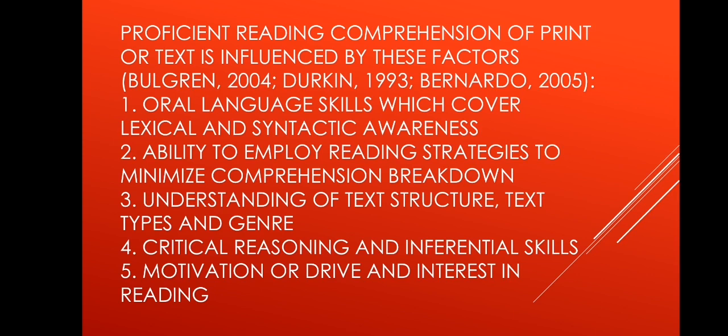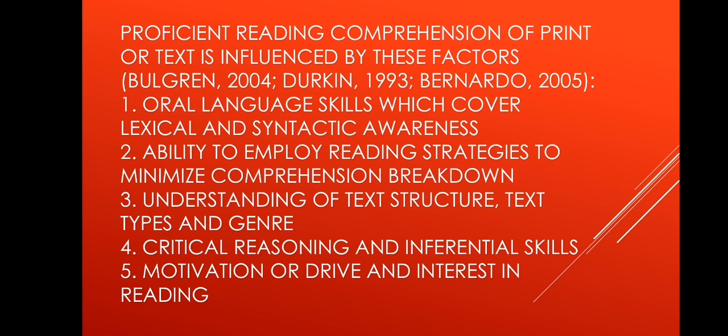Okay, so let's proceed. Proficient reading comprehension of print or texts is influenced by these factors, according to Bull Green in 2004, Durkin in 1993, and Bernardo in 2005. Number 1, oral language, which covers lexical and syntactic awareness. Number 2, ability to employ reading strategies to minimize comprehension breakdown.